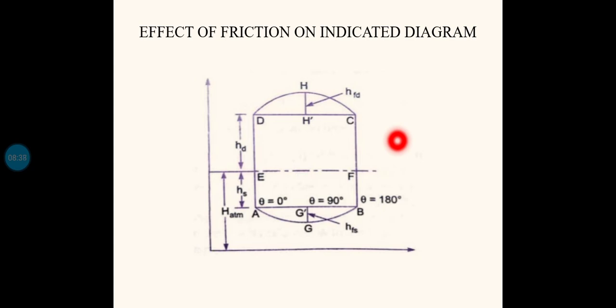Even though some loss is there, the total work done will remain constant, since the area of the indicator diagram remains constant. But here the area of the indicator diagram is no longer constant. The rectangular area is there as such, and to that area we have two parabolic areas getting added, so the total work done will increase in the case of the effect of friction on the indicator diagram. So in the first case there won't be any change in the work done, but here there is a gradual change in the work done.